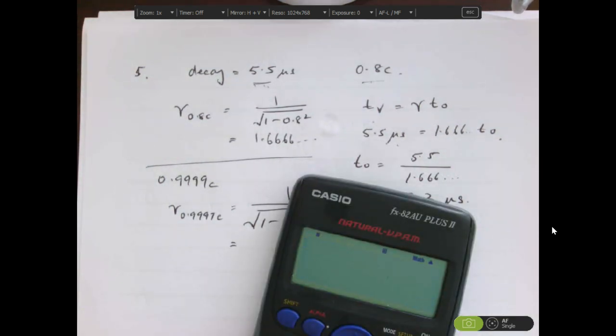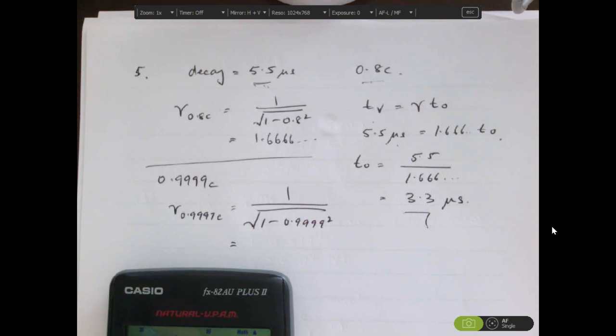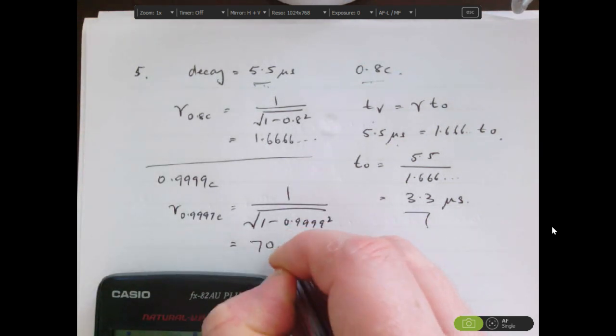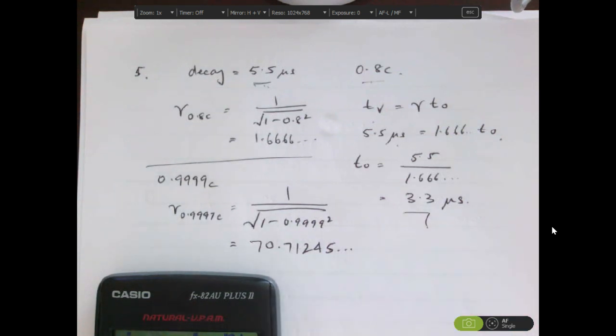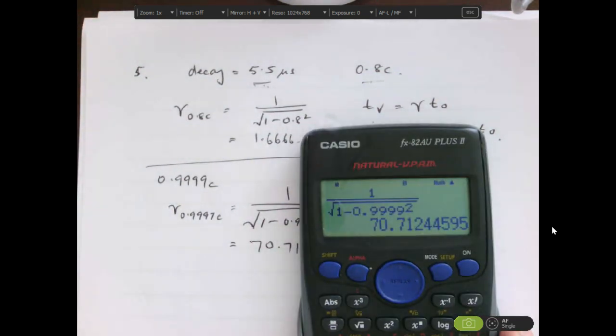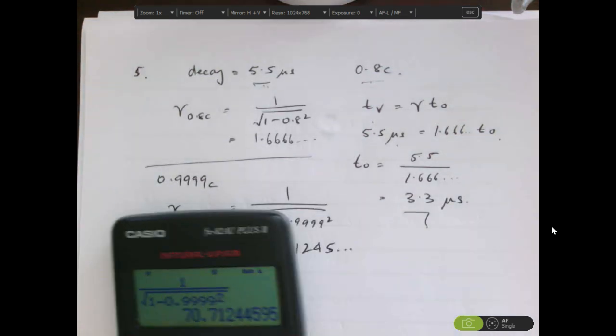Let's see what this number is going to be. I'll put 4 nines there, squared. And the gamma is a large number, which is 70.71245. I just rounded that last one, so 245. I will just use that value there.